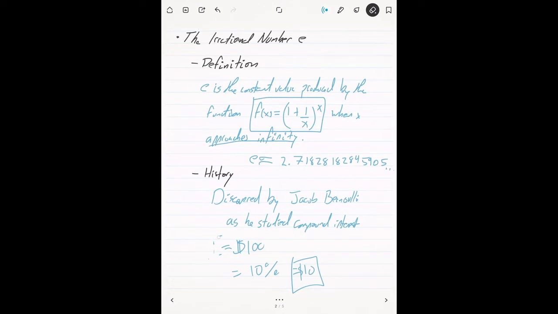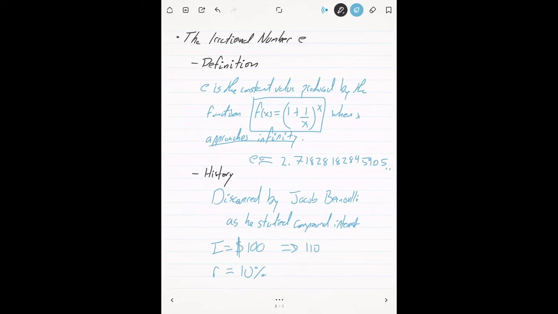Now, compound interest works a little differently. Compound interest would say, okay, you invest $100 in the bank, and let's say the rate is 10% interest. They're going to give you 10% of whatever you put in the bank. Okay. And let's say they compounded it once a year. What I mean by that is, okay, at the end of the first year, they give you 10% of $100. So you now have $110.